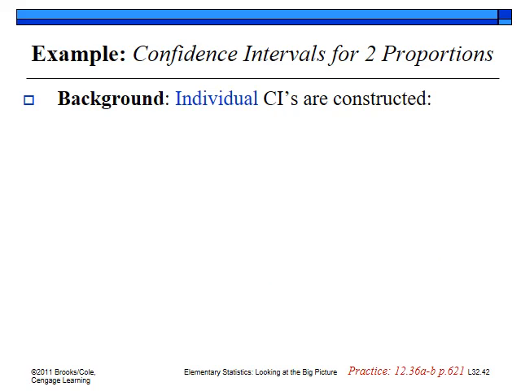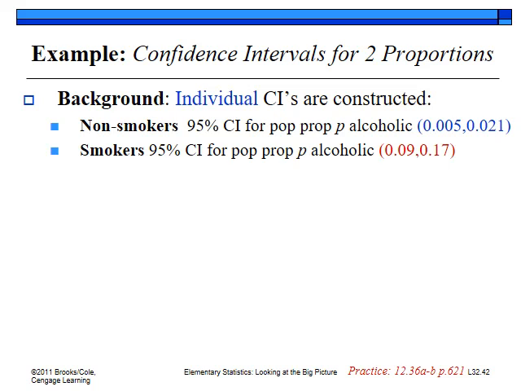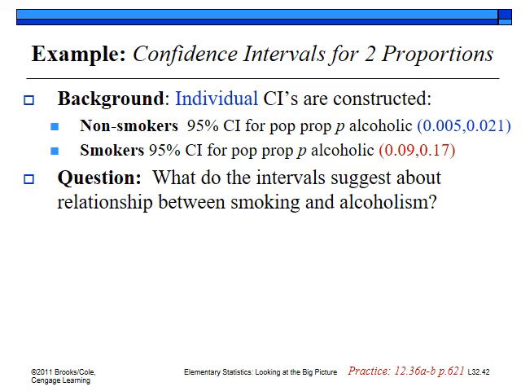So first, let's look at the two proportions. Let's construct individual confidence intervals for the two groups. For non-smokers, the 95% confidence interval for population proportion for alcoholics is 0.005 to 0.021. For smokers, it's 0.09 to 0.17. So now if we're looking for evidence of a relationship, what should we look for?